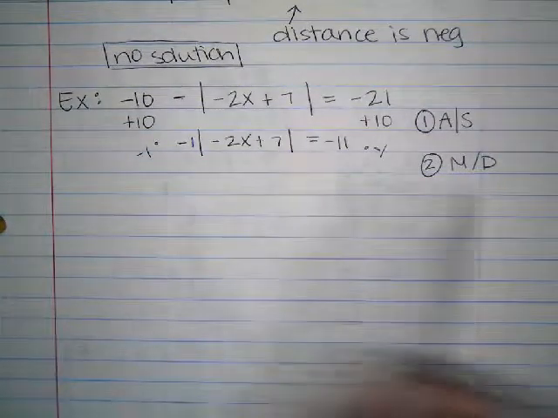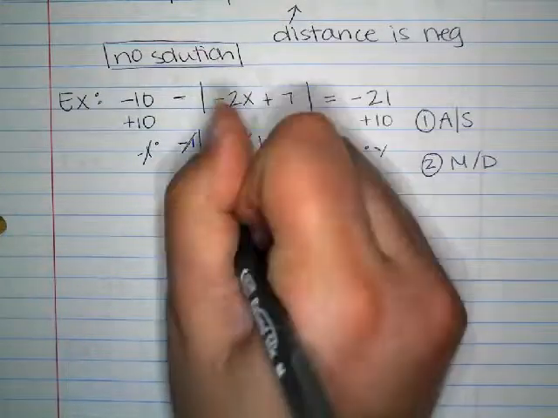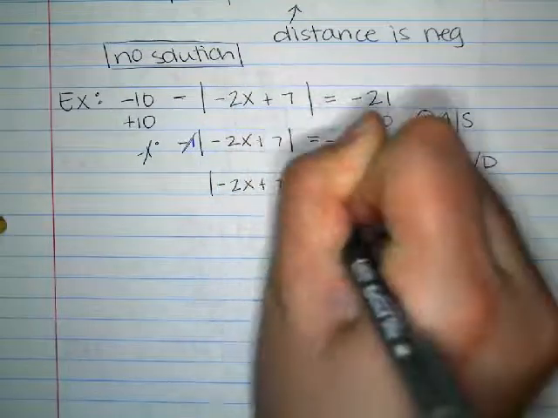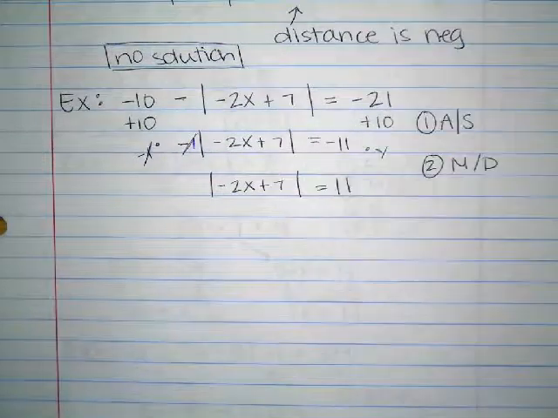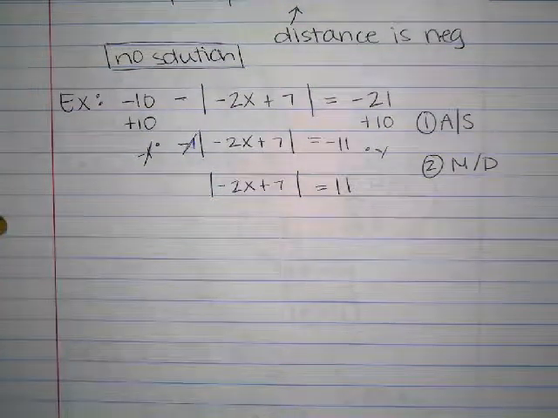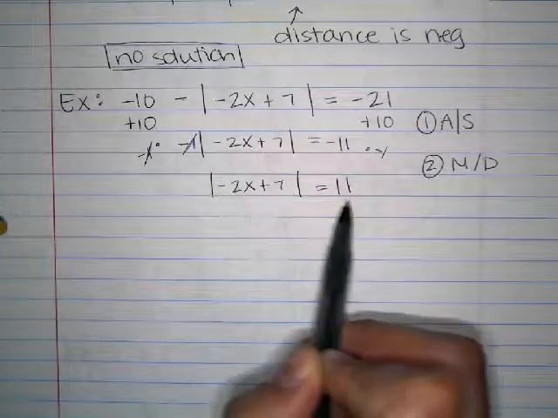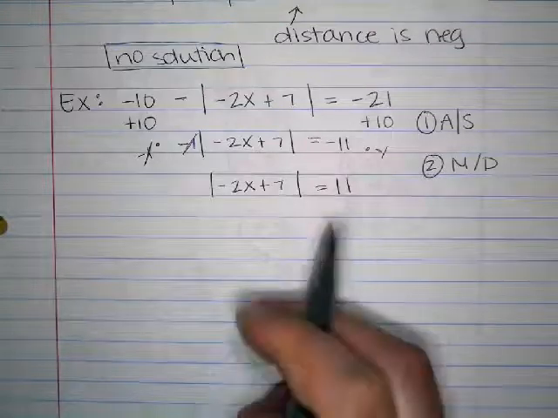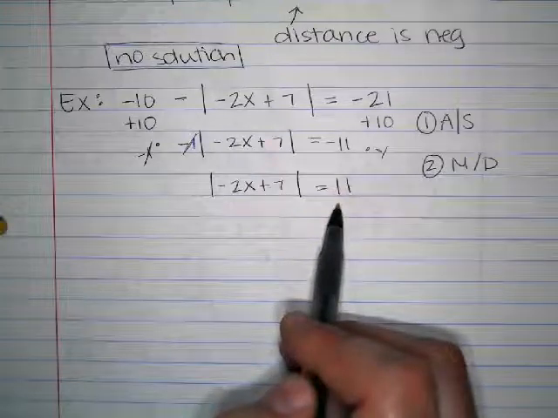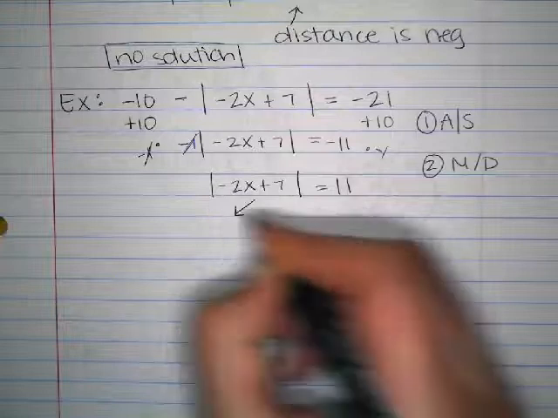Okay, so -2x plus 7 in an absolute value equals 11. So we have an absolute value equals a distance of positive 11. The number inside the absolute value equals a distance of positive 11. So at this point, you guys can write the two equations. Go ahead and take a moment.